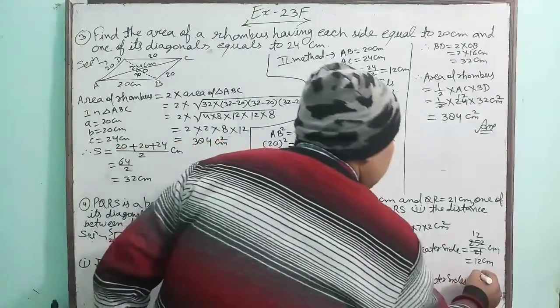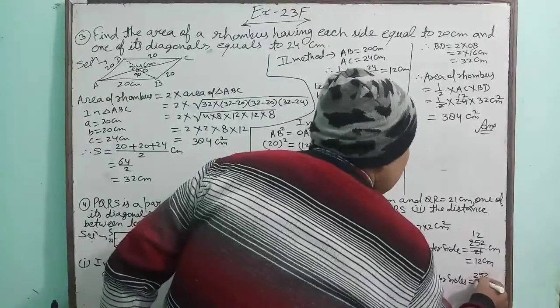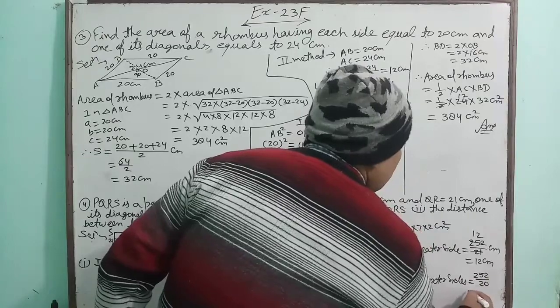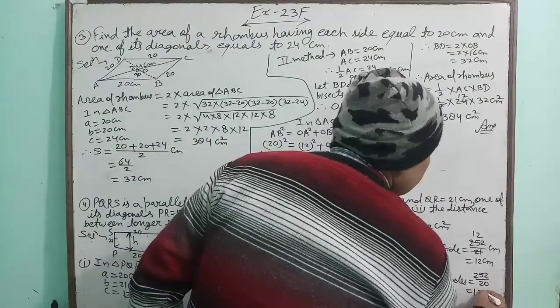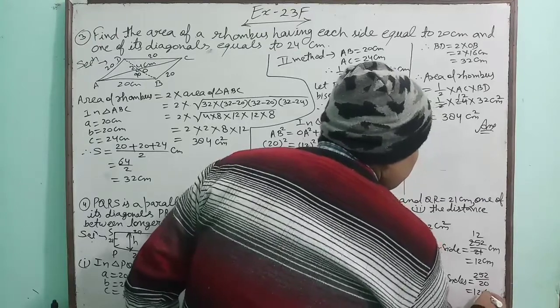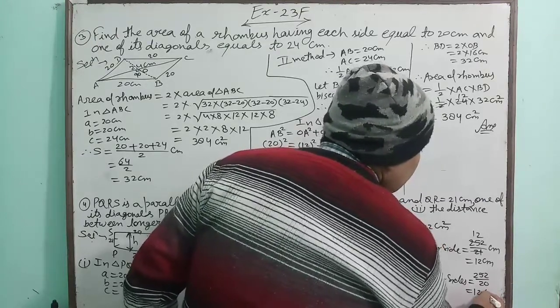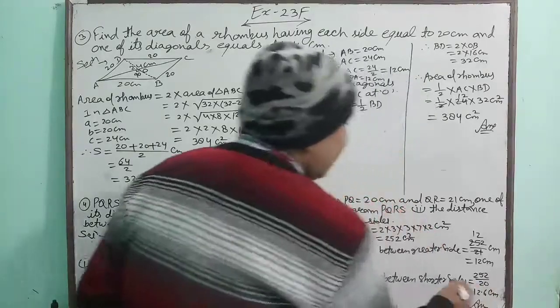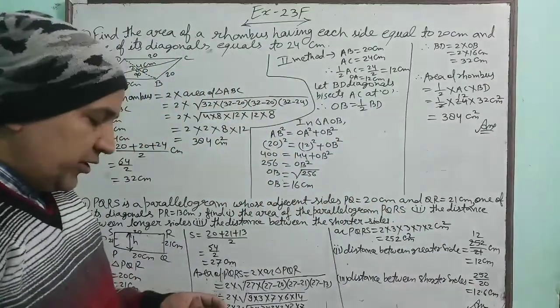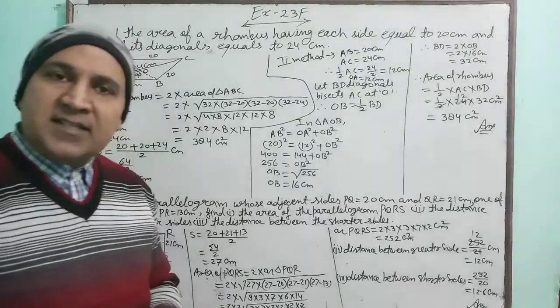So height is equal to area upon base. Now divide and get your answer. 12.6 centimeter. When 252 is divided by 20, you will get 12.6.